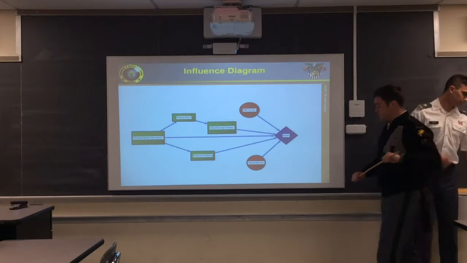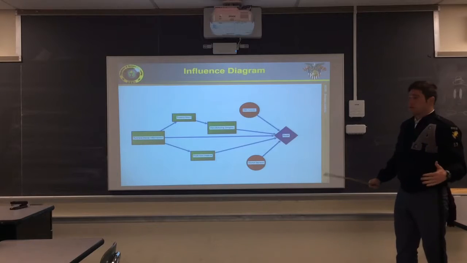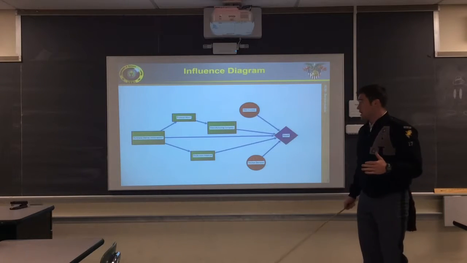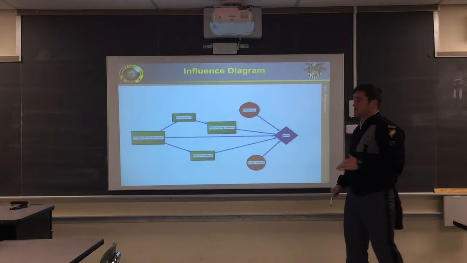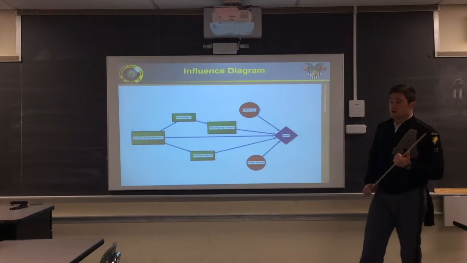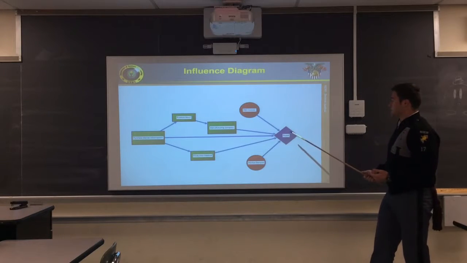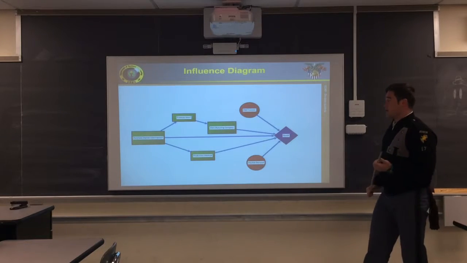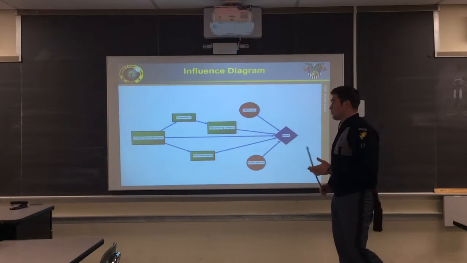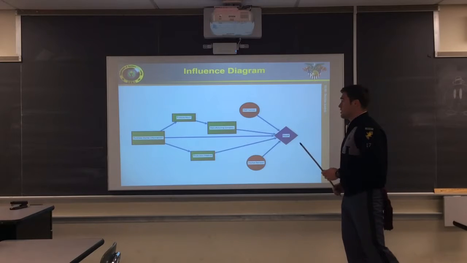All right, so the first thing we wanted to do when we framed this decision was structure it all out with our influence diagram. As you can see, the green boxes represent your decisions, and the red circles represent your chance nodes, or your unknowns, so to speak. And all these things come together to result in a payoff. The first decision you have to make is whether or not you want to purchase the information.